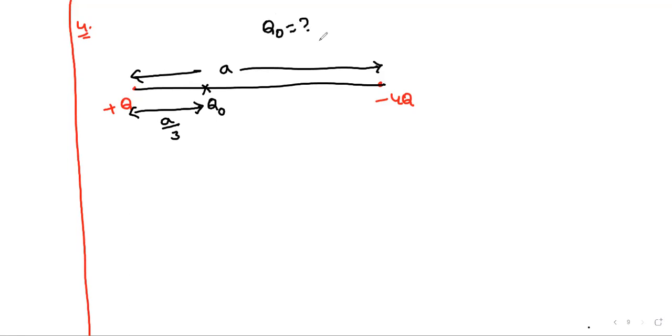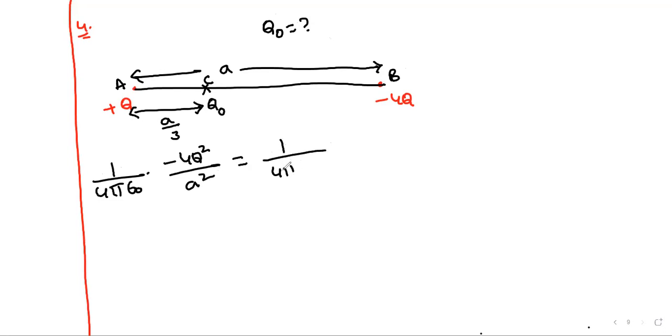Same method. A, B and then C. Between AB, we have a force of attraction, 4Q by A square. Between AC, we have a force of repulsion, 1 by 4 pi epsilon naught into Q into Q naught by A by 3 whole square.